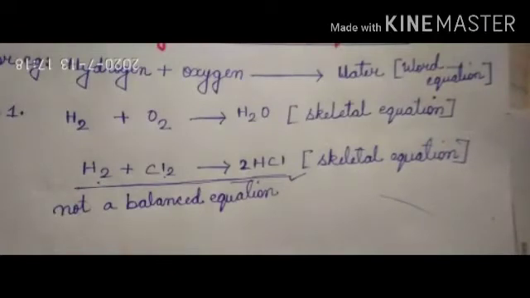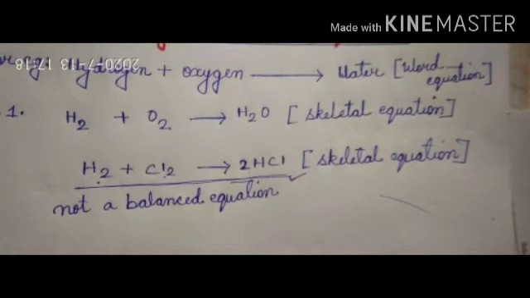Now, what is a balanced equation and what is the need for balancing a chemical equation? A balanced chemical reaction is the one in which the number of atoms of each element on the reactant side is equal to the number of atoms of that element on the product side.